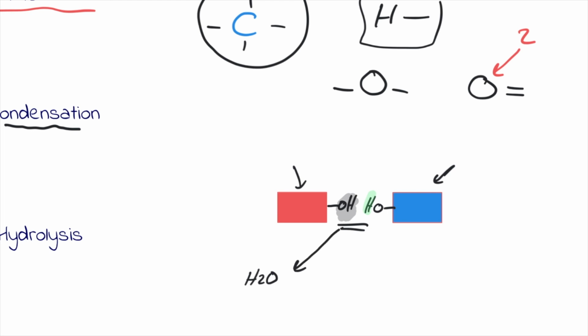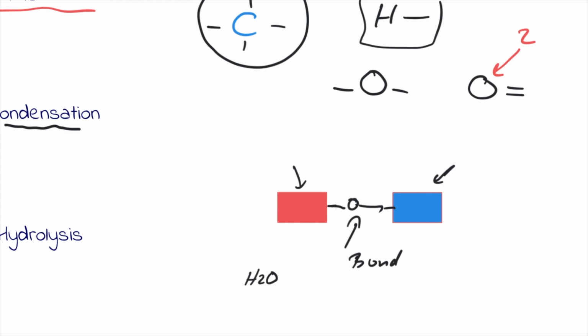Once I take the water out, this allows the oxygen to form a bond, and the reaction that we have just made here, we call it condensation, because it always involves the removal of a water molecule. So that's now a bond.